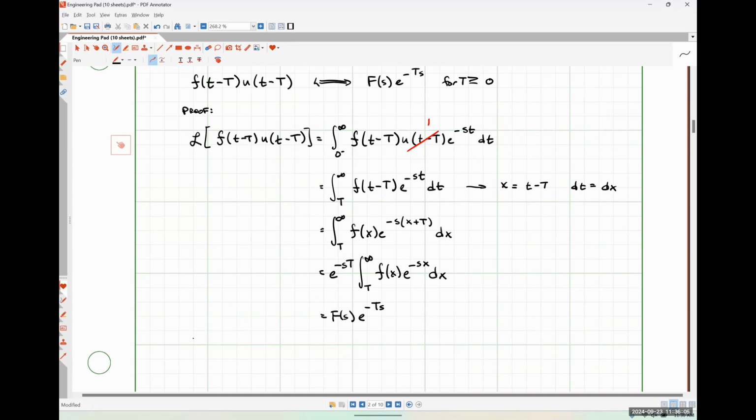This is effectively like creating a new 0 point in our system, because we're saying x is just our time shifted time. So we've got everything encapsulated by changing our bounds from capital T to infinity, because we know that this function multiplied by that unit step function is 0. The product of those two things has to be 0 up until the point capital T.